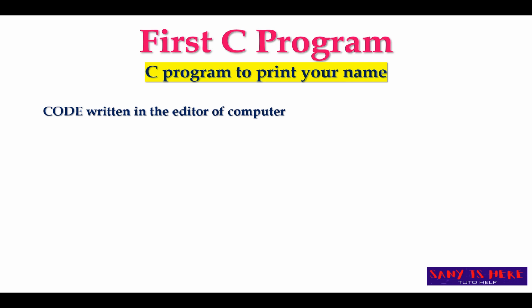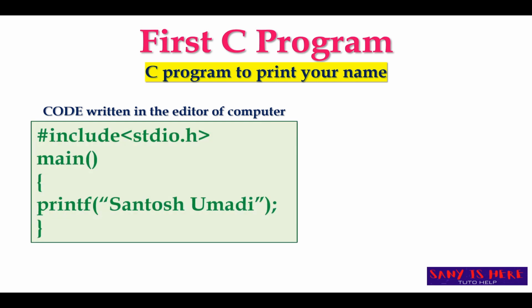See, this program should be written in an editor. Editor means the place where you are going to write the code, which should support the execution of the programming. If you have written the code in the editor, the C compiler will understand this code, and then it will print it on the screen like this.